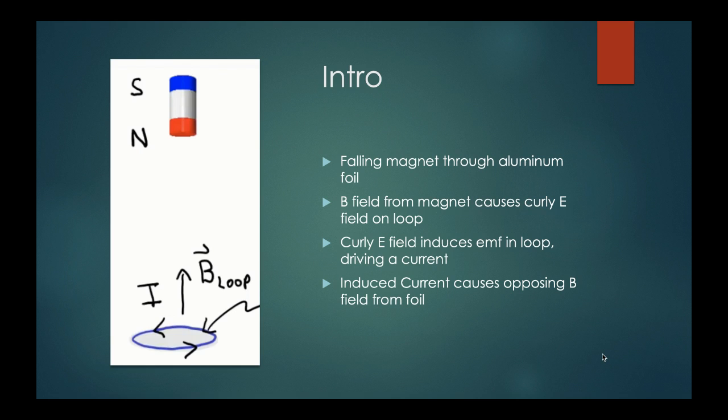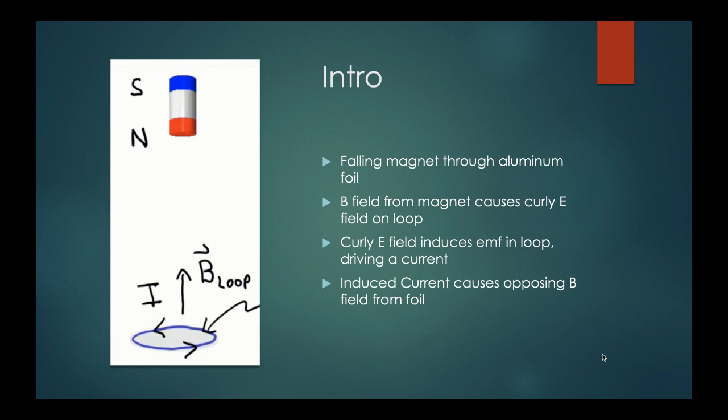The big idea with this lab was a falling magnetic dipole through a tube of aluminum foil. Obviously, the aluminum would act as a conductor.